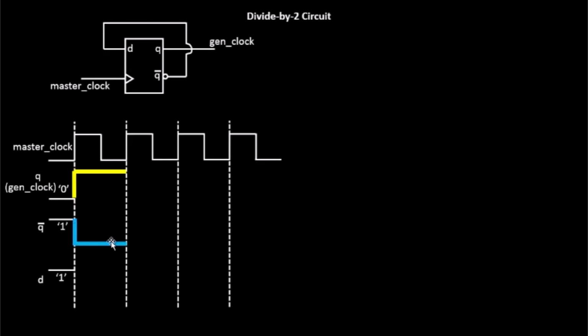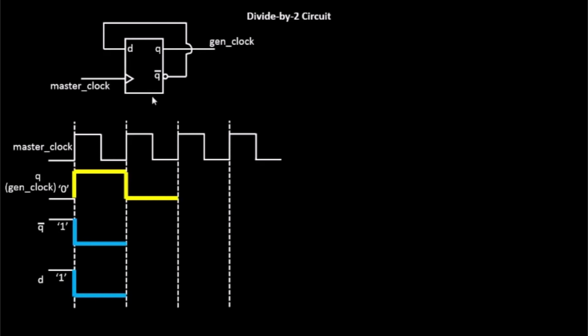It will switch from 1 to 0, and since Q bar is being fed to D, your D is switching from logic 1 to logic 0. Okay, now when the next clock cycle of the master arrives at this point of time, your D, which is at logic 0, will now get pushed to Q. So Q, which is at logic 1, will now go from logic 1 to logic 0, something like this, because D is 0.